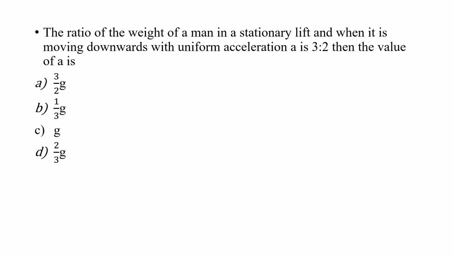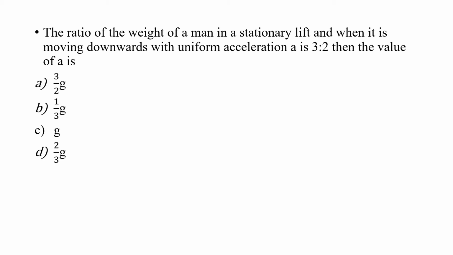The next question: the ratio of the weight of a man in a stationary lift and when it is moving downwards with uniform acceleration a is 3:2. Then the value of a is: option A 3/2 g, option B 1/3 g, option C g, and option D 2/3 g.